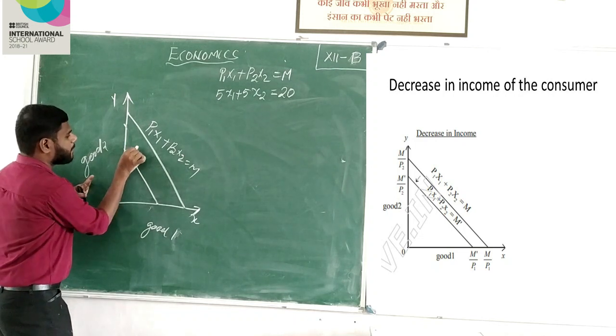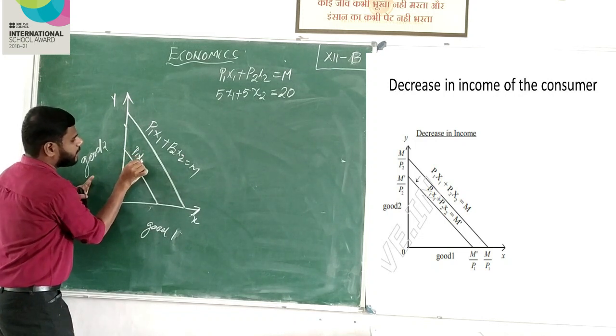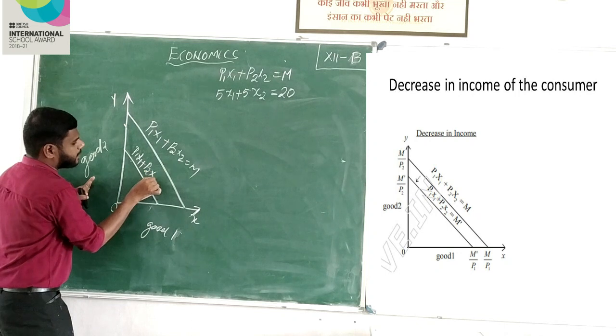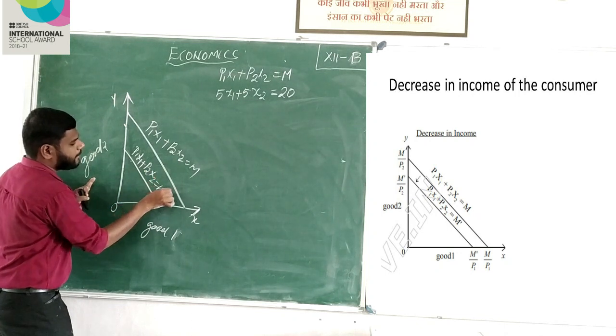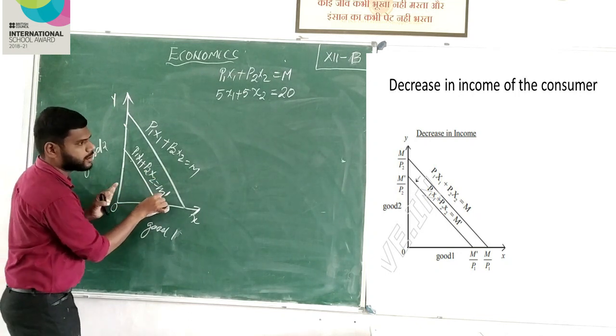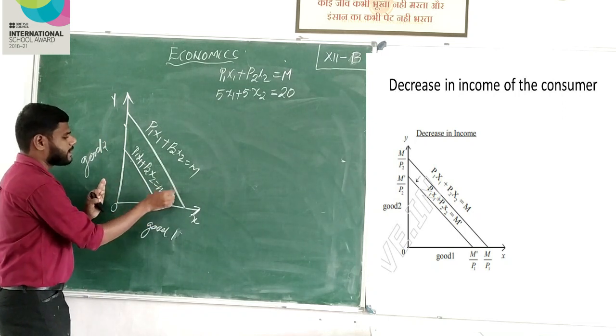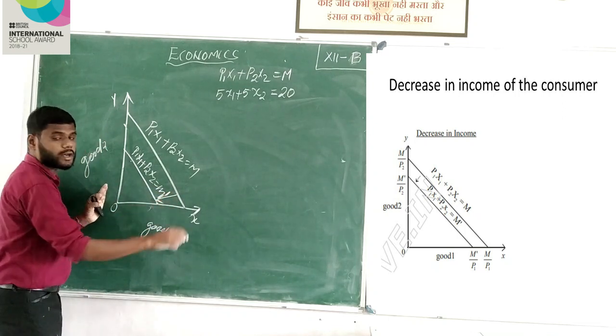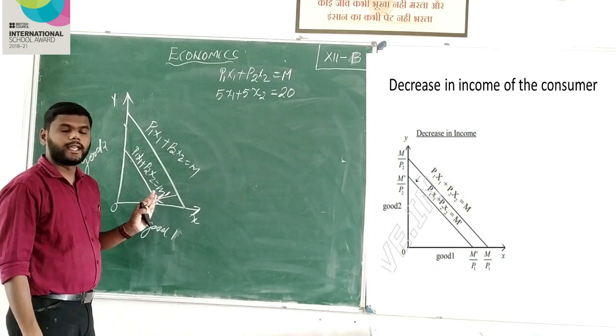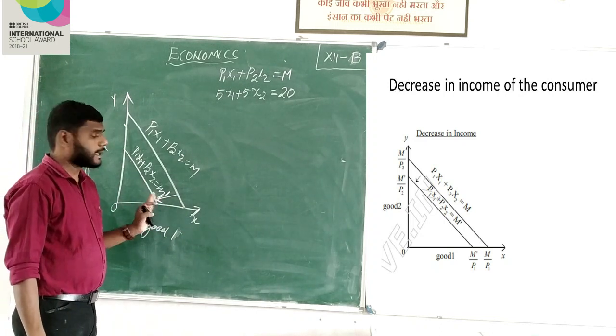That is P1 x1 plus P2 x2 is equal to M dash. This is the leftward shift of the budget line if the income of the consumer decreases.